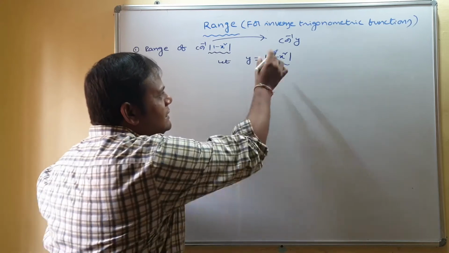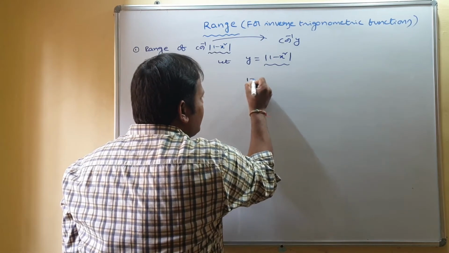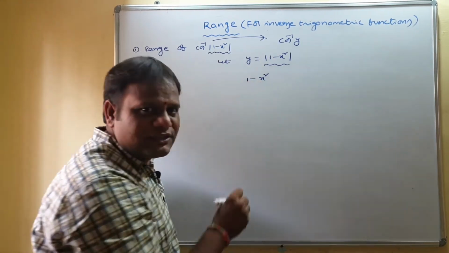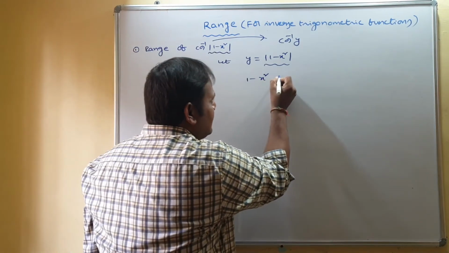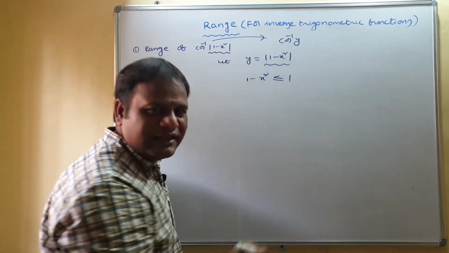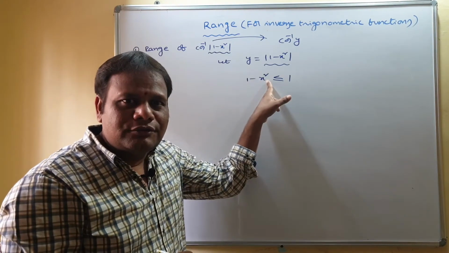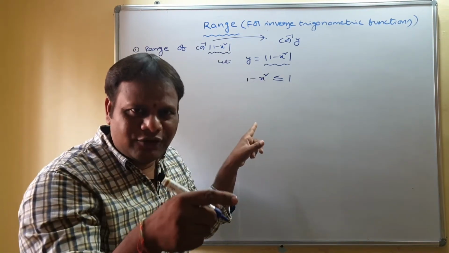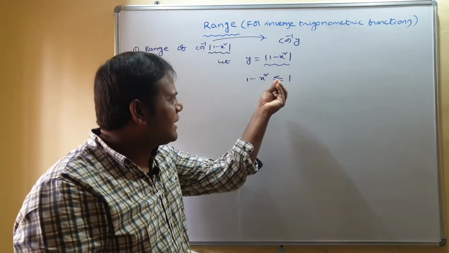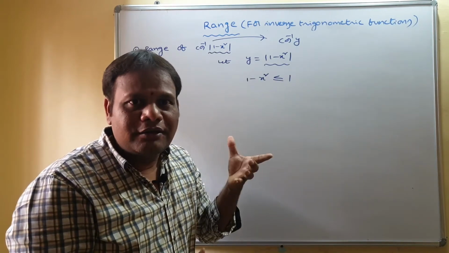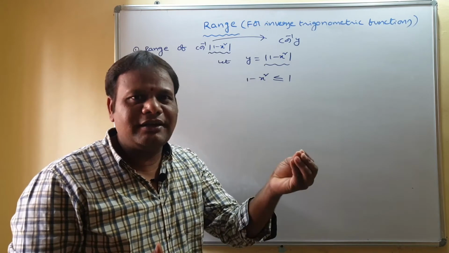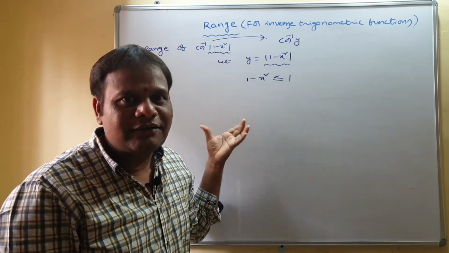Is it? See here, in this we have 1 minus x square. Is 1 minus x square less than or equal to 1? Yes. Why? Because 1 minus a positive, definitely less than 1 only. Is it? If you subtract something positive from 1, then no doubt at all you get a value which is less than 1.